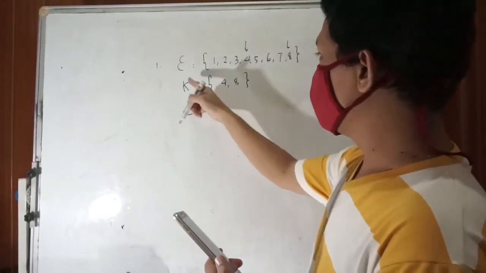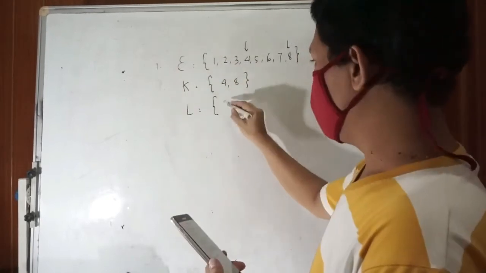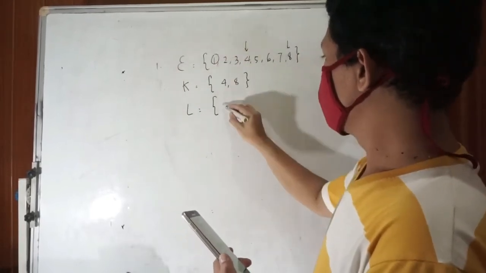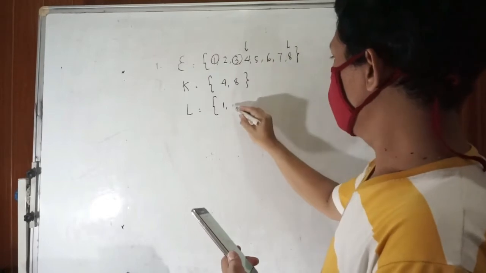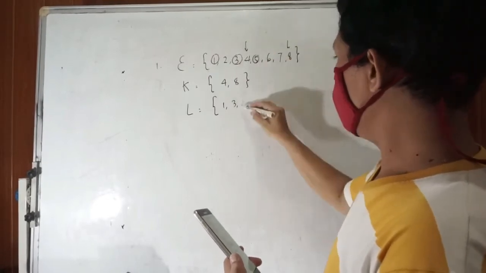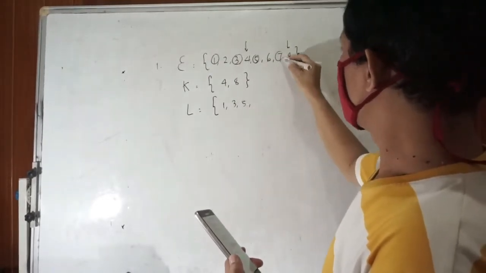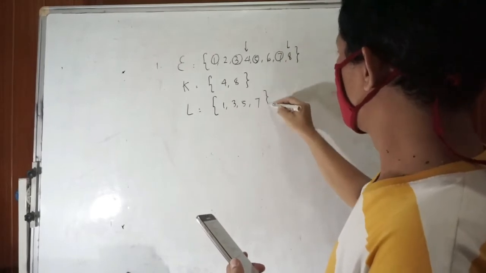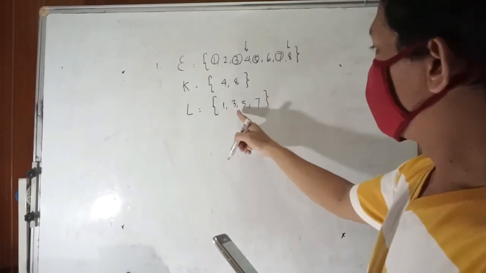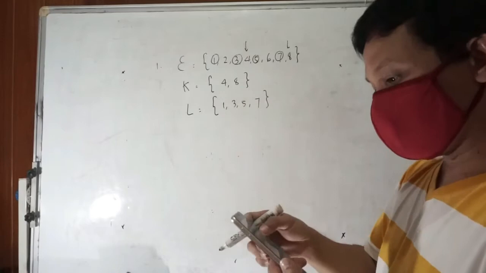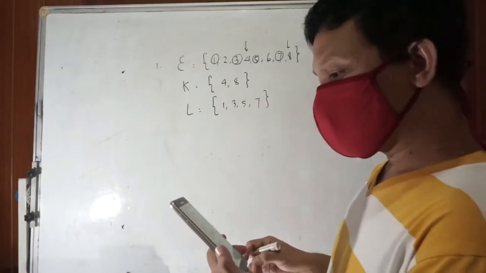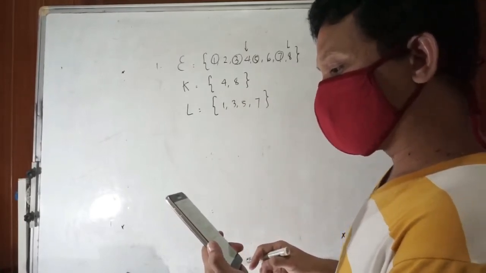With respect to the universal set, the odd numbers are 1, 3, 5, and 7. The question is: draw a Venn diagram to show the given information.